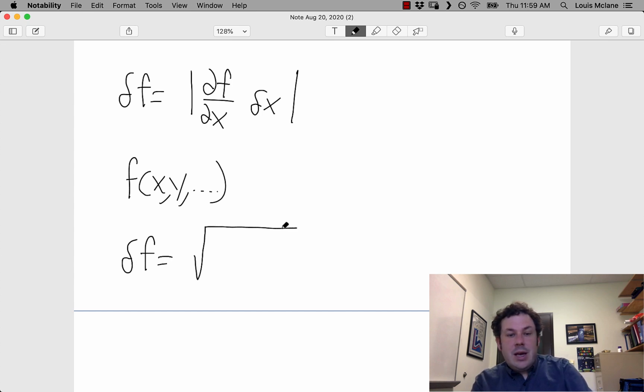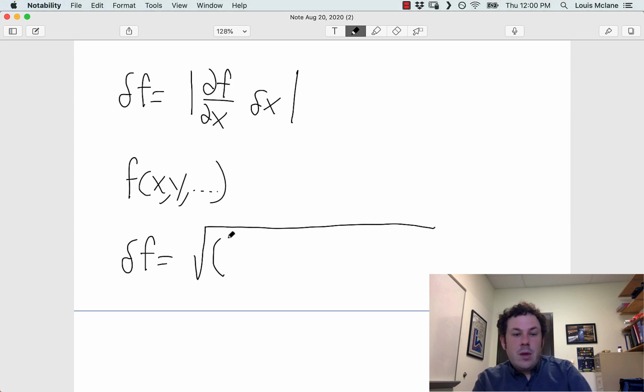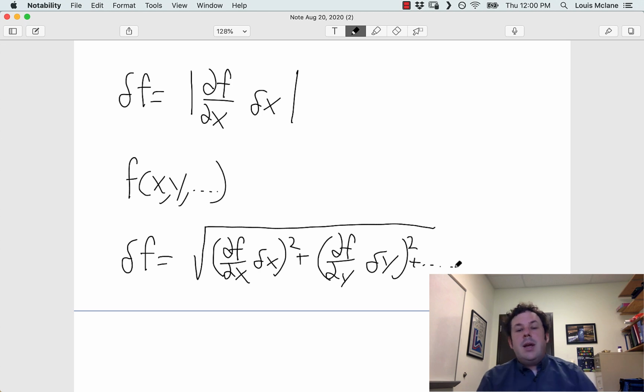So the uncertainty in f is just the square root of the derivative of f with respect to x times the uncertainty in x, squared, plus the partial derivative of f with respect to y times the uncertainty in y, squared. And then you just do that for as many variables as you have. And that's it. It's actually really simple.